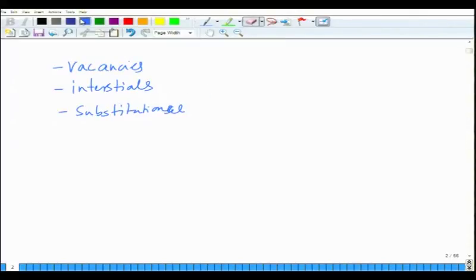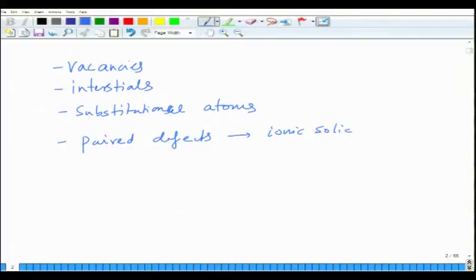So, you can have interstitials, you can have substitutional atoms, and you can have paired defects, typically in ionic solids, such as Frenkel and Schottky. So, these are some defects that could be present in various materials.